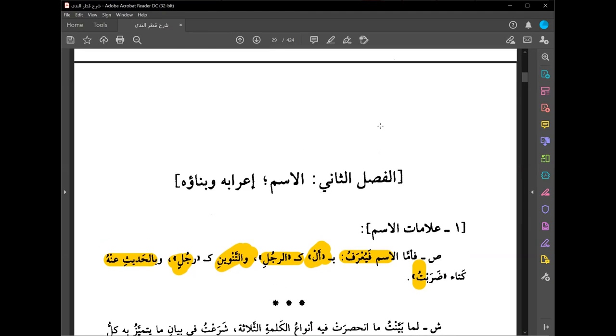He is really one of the great scholars in Arabic grammar, in the Arabic language altogether. To the point that people started saying that after Sibawayh is Ibn Hisham.